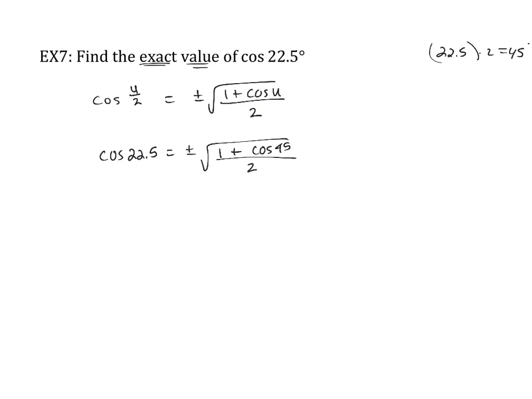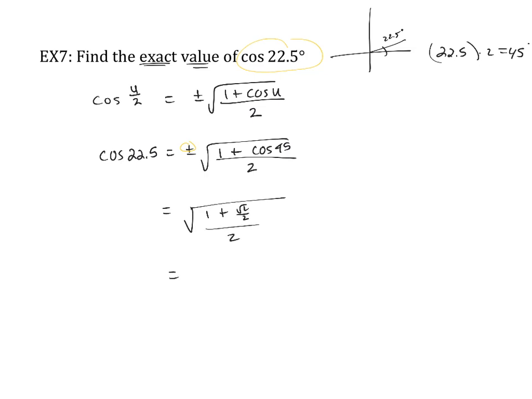Now the angle 22.5 is in quadrant 1, so cosine is positive, and I get to use the positive one. Then I evaluate cosine of 45, that's square root of 2 over 2. And then I can simplify this.